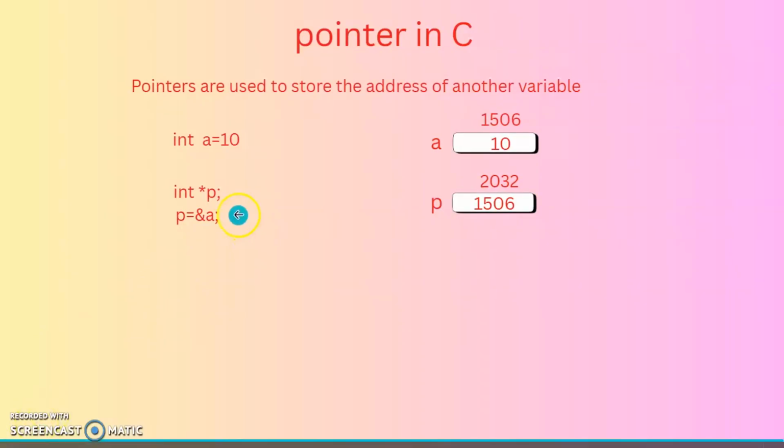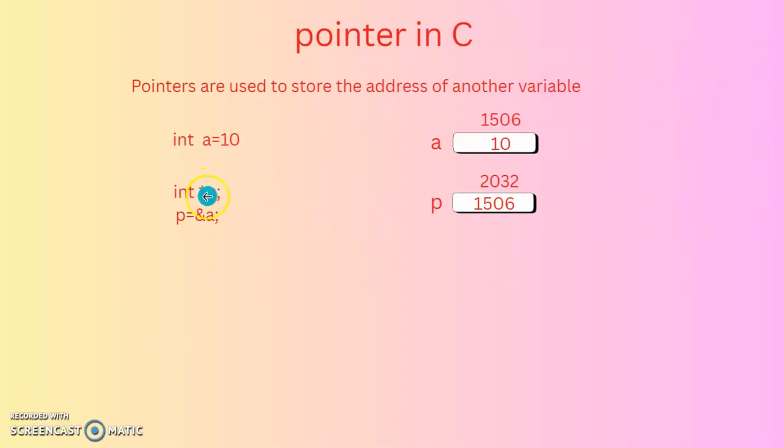Note down that the asterisk operator in this place is used to denote that this p is a pointer variable to this particular data type, and this ampersand operator is used to store the address of this variable in this pointer variable.